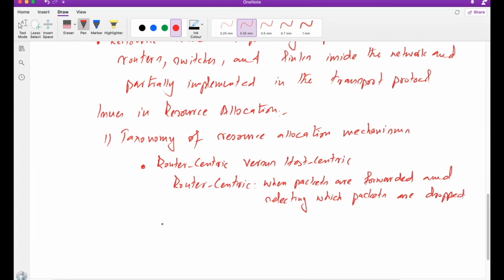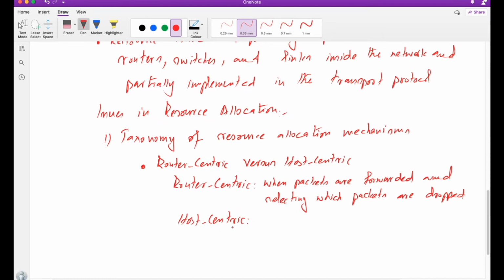And what do we mean by host-centric? By saying host-centric, this means the host observes the network conditions and adjusts its behavior accordingly.